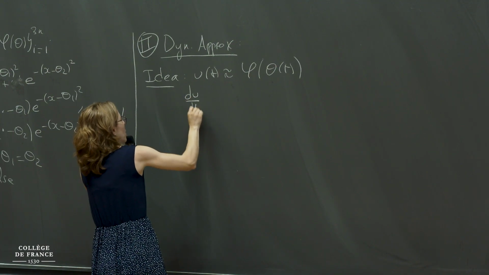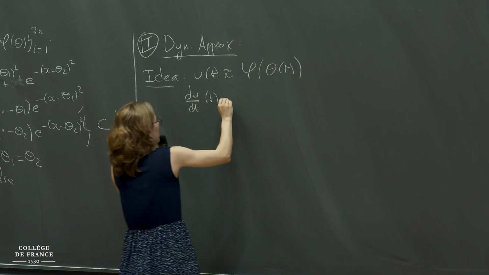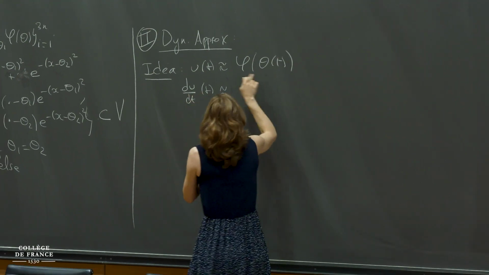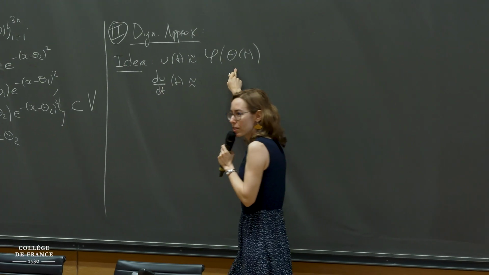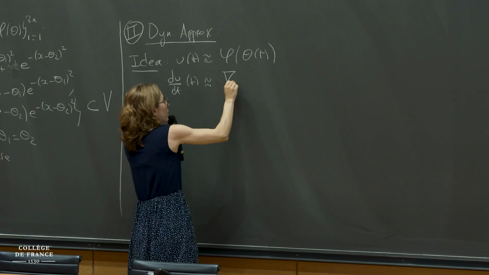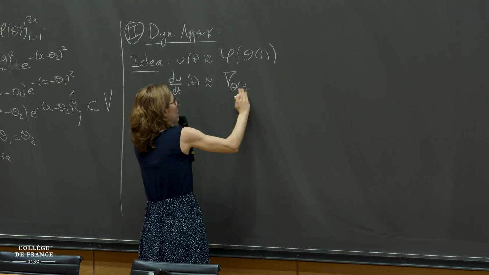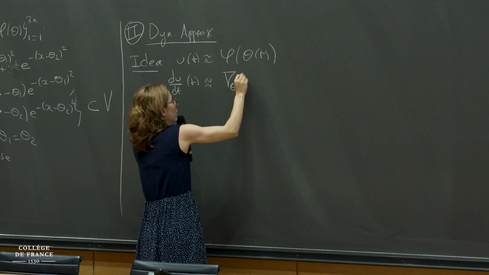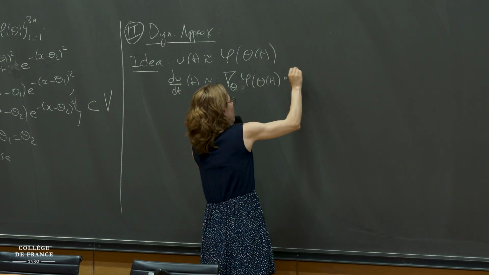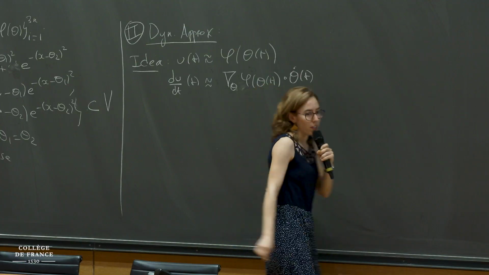and then we differentiate, we take the time derivative, and what we hope is that the time differential of this one is also going to be a good approximation, and the differential of this is going to be this thing over here, scalar product theta dot of t.